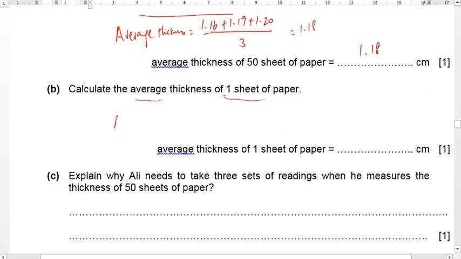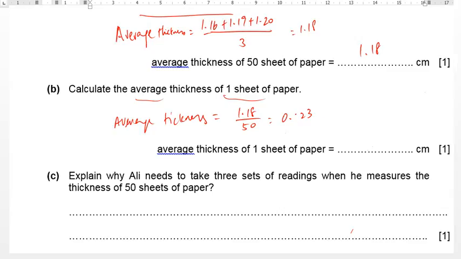So average thickness equals to 1.18 divided by 50. And we get 0.023 6 exactly. Sorry, 0.023 236.